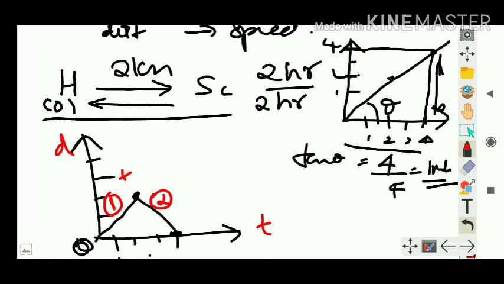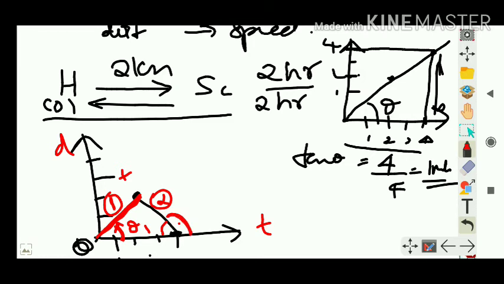See guys, when I take angle theta, this is the angle I am supposed to take. Let's say this is theta 1. This angle theta 1 is the slope. Whereas for slope 2, which angle am I supposed to take, this one or this one? You are supposed to take this one.